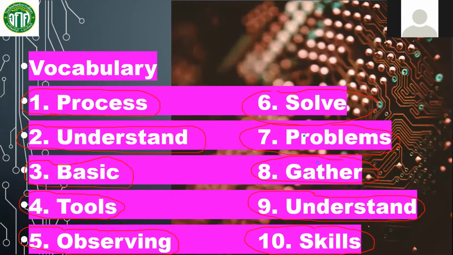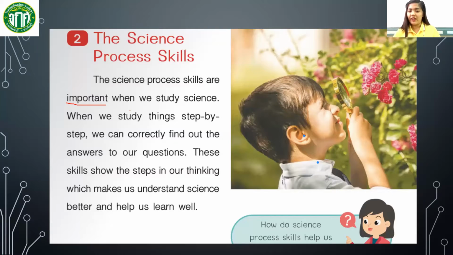So let's start with our topic. Okay, so this is page 8 of your book. So the science process skills are important. Okay, so why is it important?